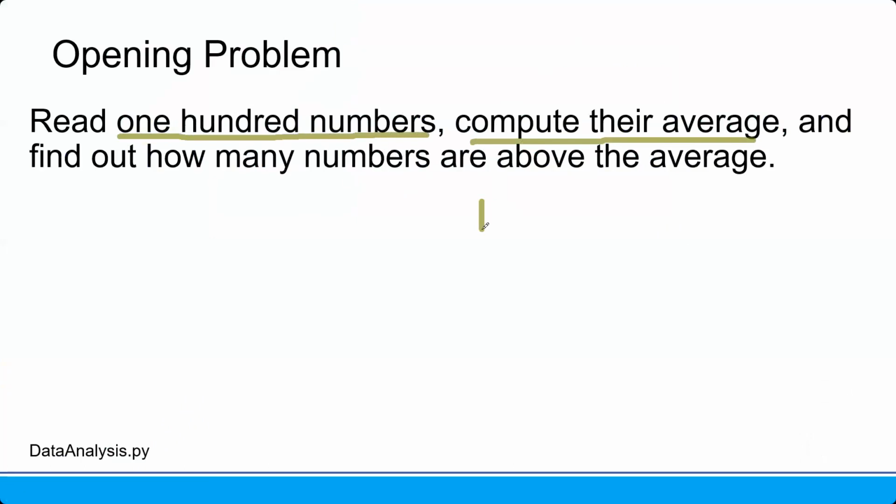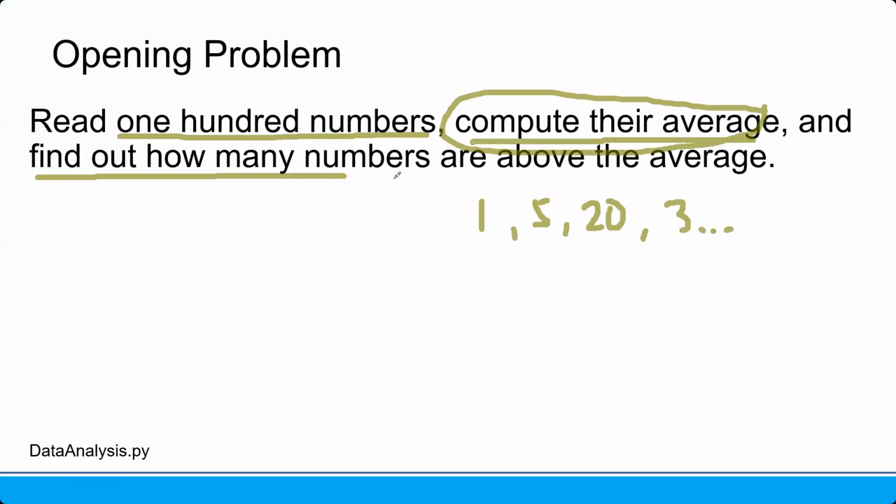So I have any number, maybe 1 and then 5 and then 20 and then maybe 3 and so on until 100 numbers. And I want to calculate the average, the mean, and find out how many numbers are above the average. So how can we do this one?